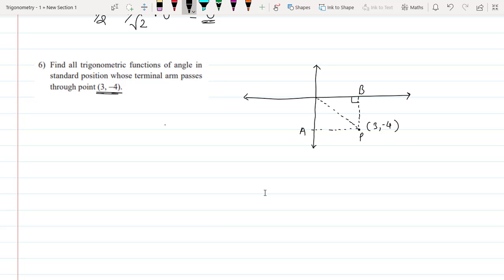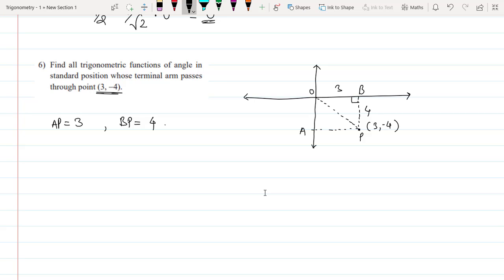So give me the length of AP. It's 3. And what about BP? It's 4. I am talking about length.